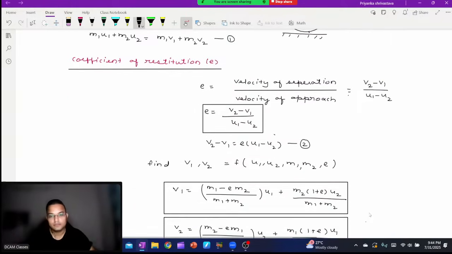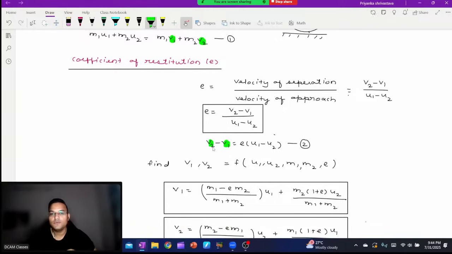How did you get it? Oh, you substituted in the formula. No, no, not the formula, just equation 1 and equation 2. I'm solving for v1 and v2, that's all. In these two equations there are only two variables, v1 and v2. Just solve these two equations.